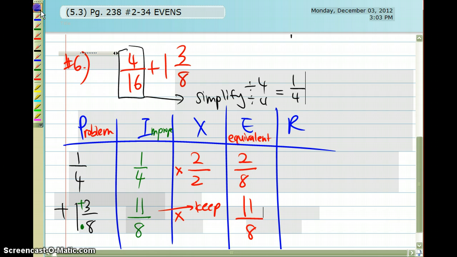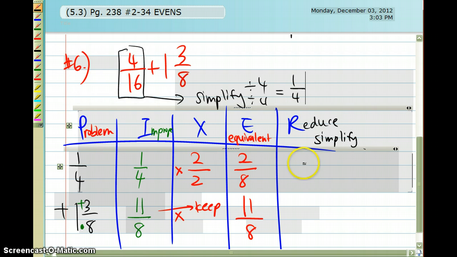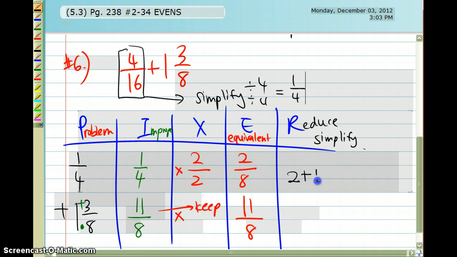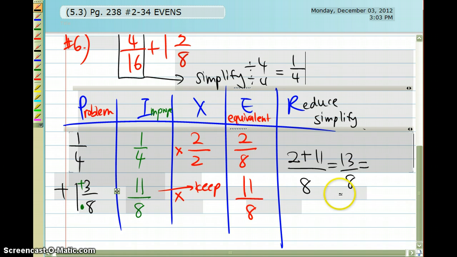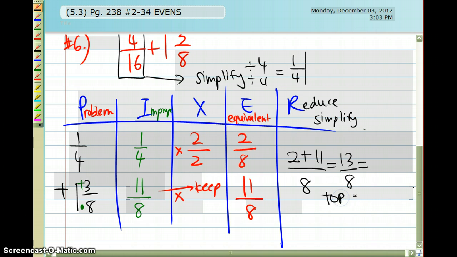This was an addition problem, so R means to reduce or to simplify. Now, if you didn't simplify from the beginning, then you might need to simplify your answer later. But I'm going to take 2 plus 11, keeping the denominator. That gives me 13/8. If I make it mixed, I'm going to be dividing the 13 and the 8. Remember the little rhyme, top in, bottom out, to help me when I divide.